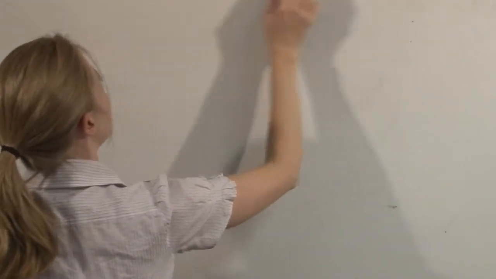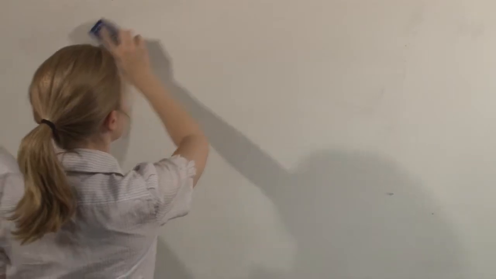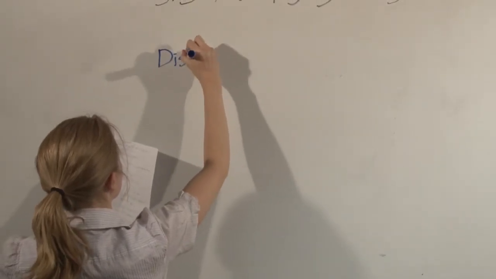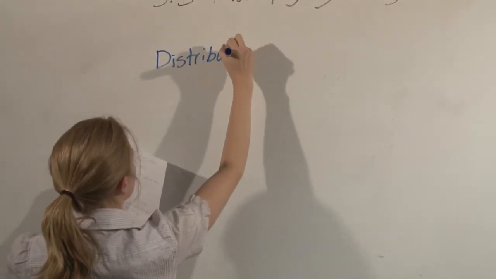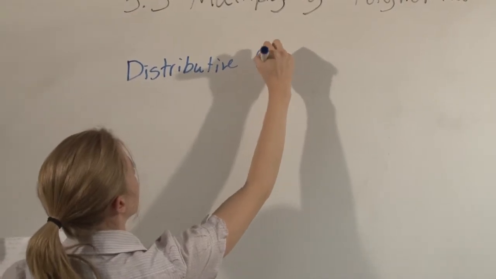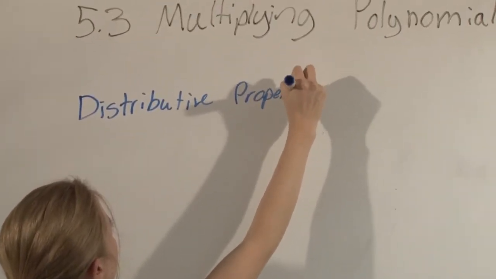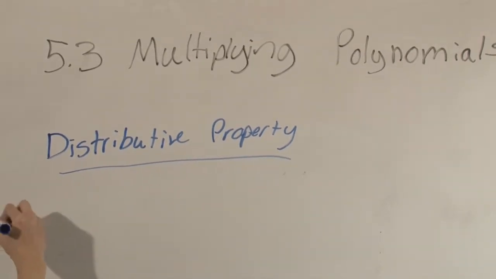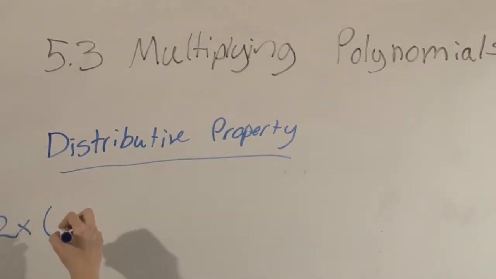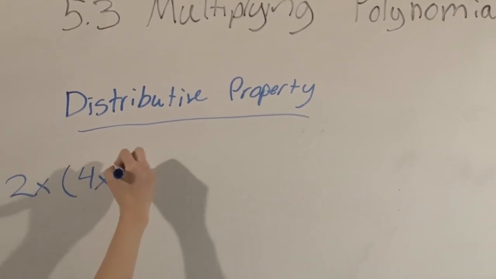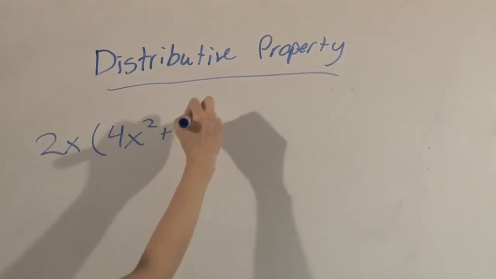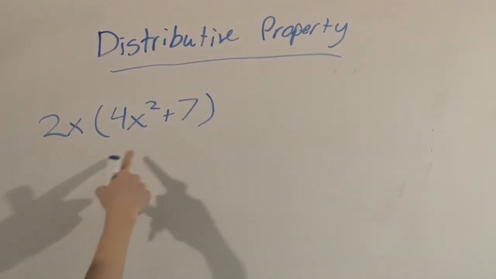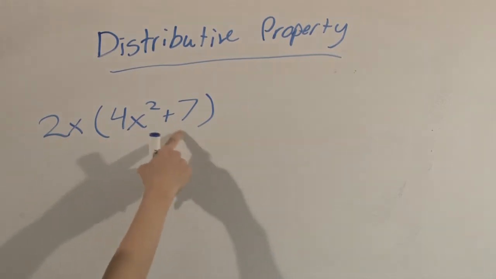Just like when you were working with linear equations, you can use the distributive property. For example, if I had 2x times 4x plus 7, I'm going to multiply 2x by both of these terms in here.